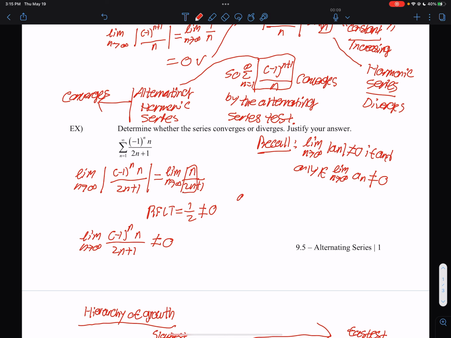So we can conclude that this series diverges by the divergence test.